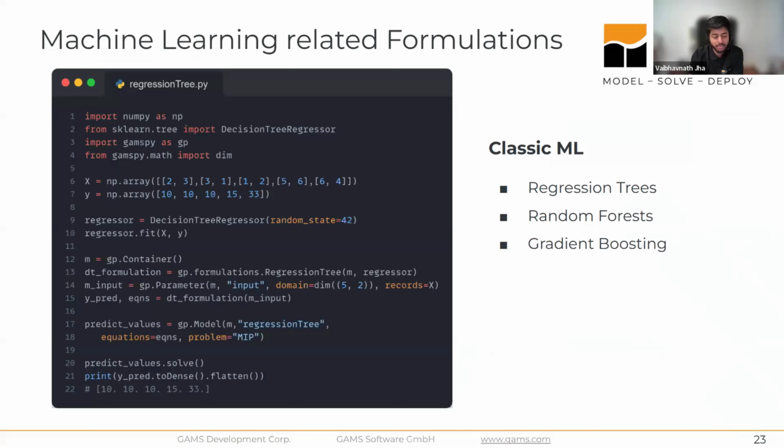As you can see in the snippet on the left, it becomes very easy and efficient to integrate a trained scikit-learn regression tree model into a GAMSPy model and solve the same using a MIP solver. The formulation call on line 15 returns the output variable for the embedded model and a list of equations governing that model.